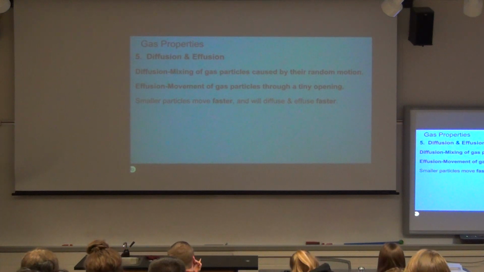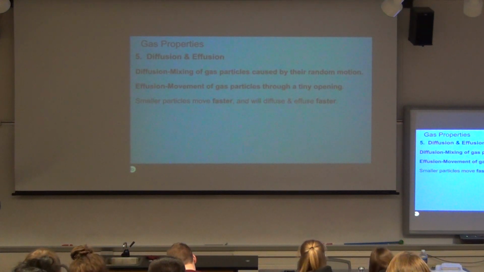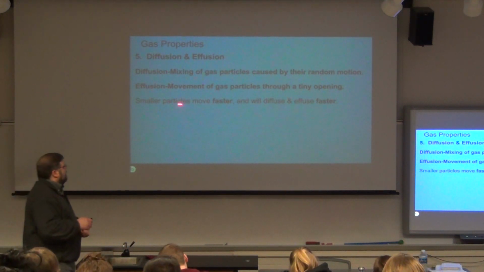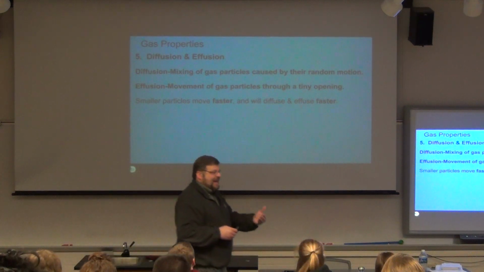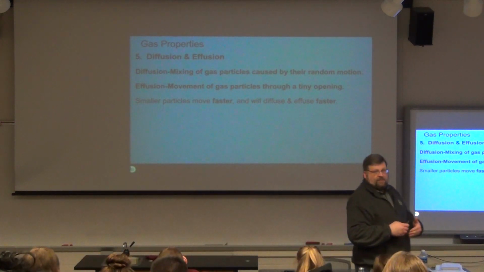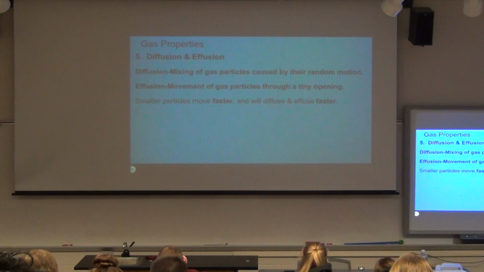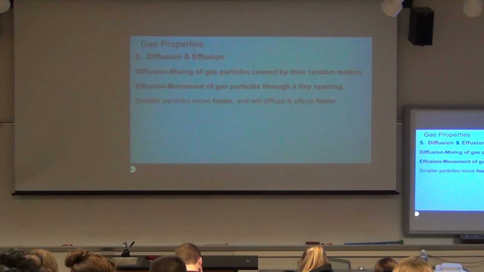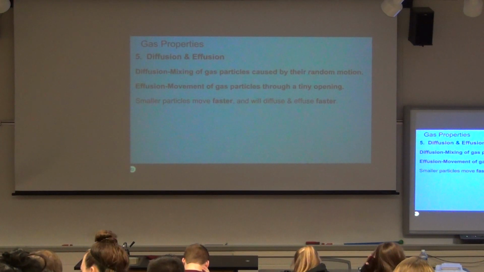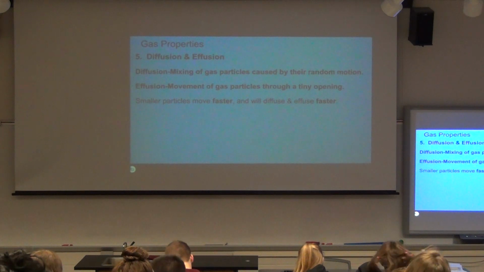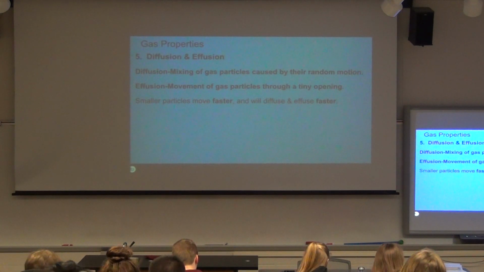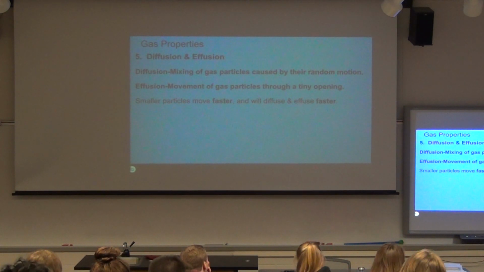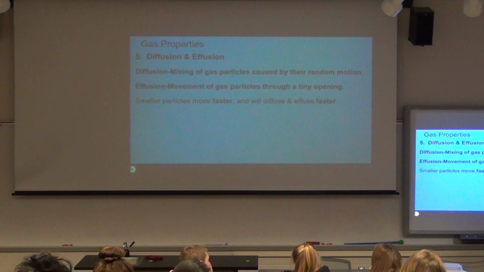Here's the key for both diffusion and effusion: smaller particles are moving faster. Remember that kinetic energy? If you're a smaller, lighter particle, you've got more speed to you. So you're going to find your way through other molecules faster. So you'll mix faster, so you'll diffuse faster, and you're more likely to be able to find that tiny little opening faster.